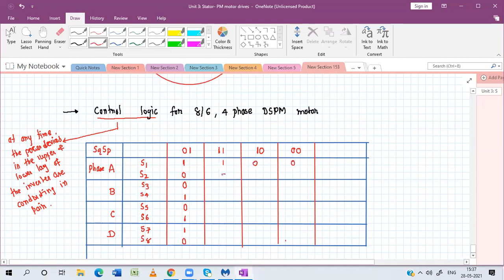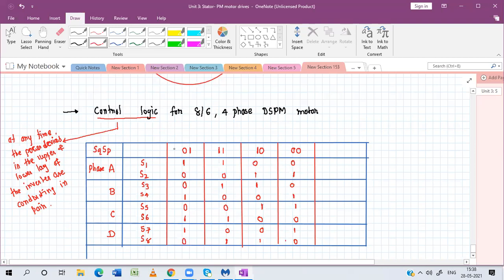You can start from anywhere: 0 0 1 1, 0 1 1 0, 1 0 0 1, then 0 0 1 1, 1 1 0 0, 1 0 0 1, and the last one is 0 1 1 0.